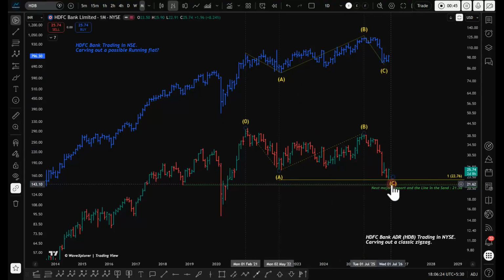So if you start looking at the candles at the bottom here in the US market, it is actually printing a classic Elliott Wave ABC zigzag pattern or a correction.